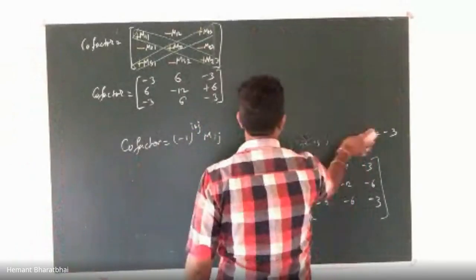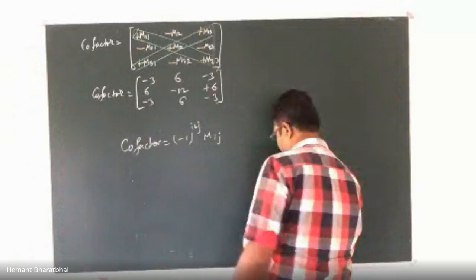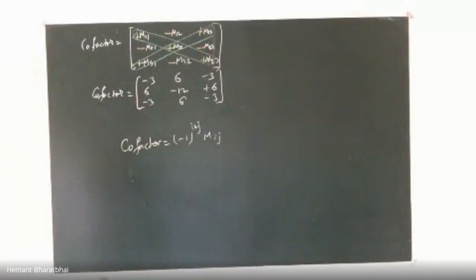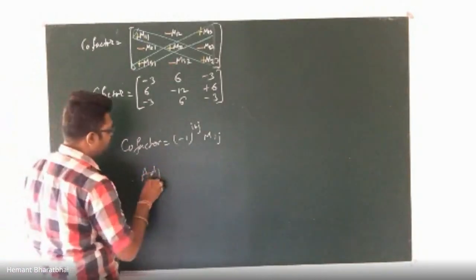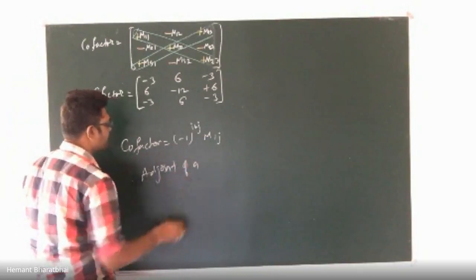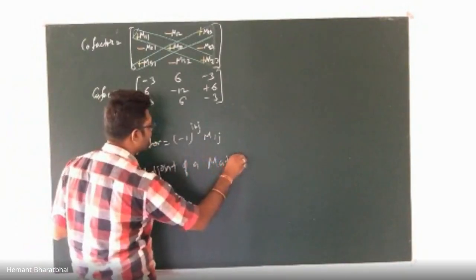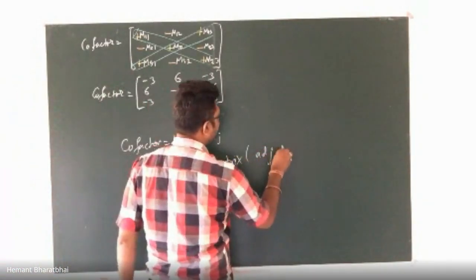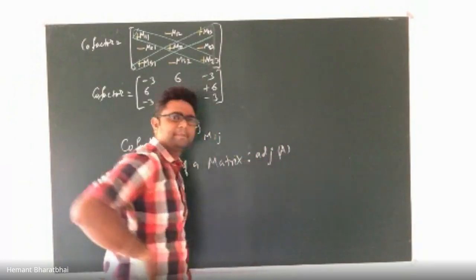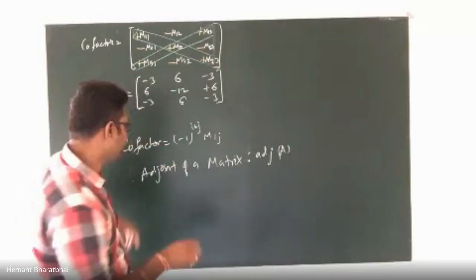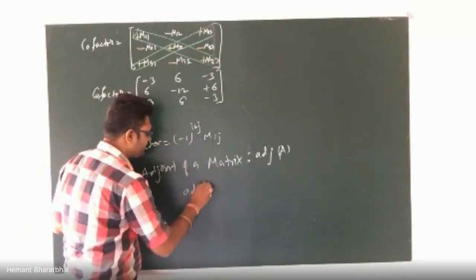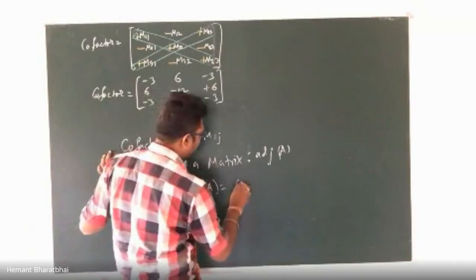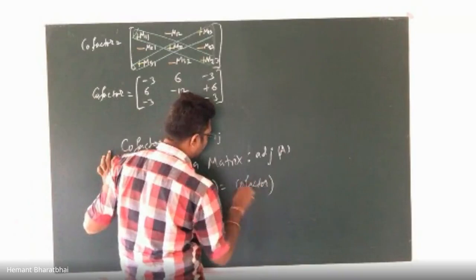So now let's go to what is called an adjoint matrix. Adjoint of a matrix is denoted by the symbol ADJ of A. So ADJ stands for adjoint of the matrix, and adjoint of a matrix is nothing but the transpose of the cofactor matrix.